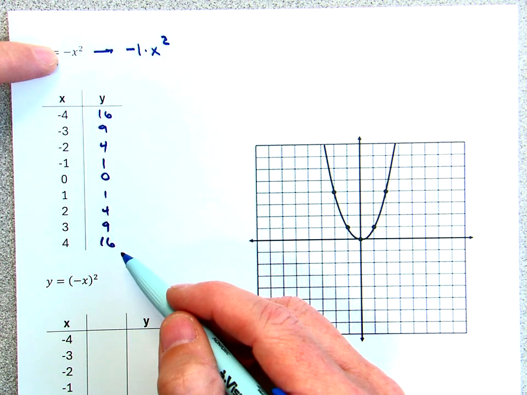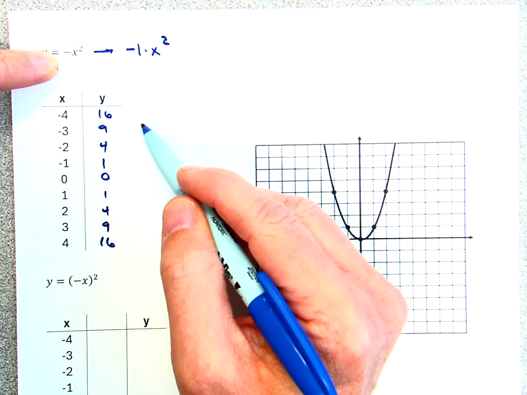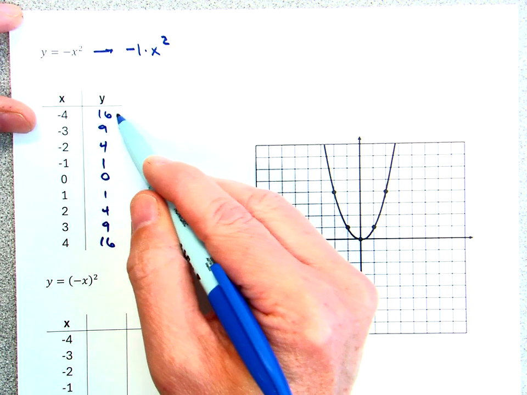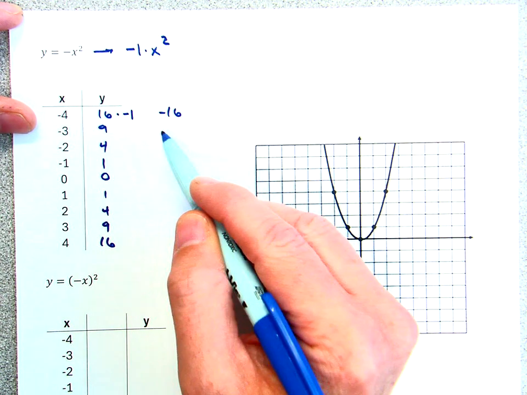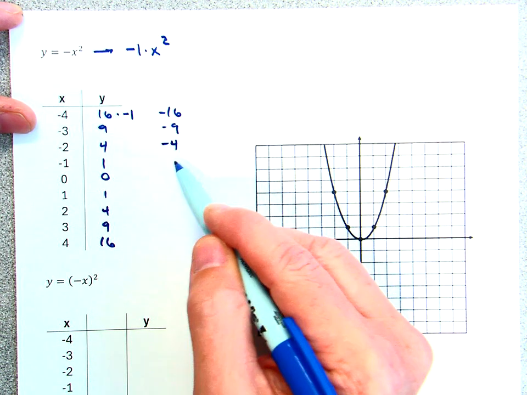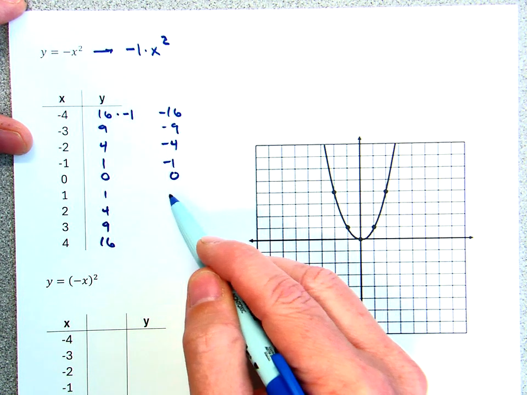And then we'll take the opposite of it. So if I multiply each of these by -1, it's just going to change the sign, right? Times -1 is just going to be -16, right? This will be -9, -4, -1, -0. Doesn't really make any sense, but that's all right.